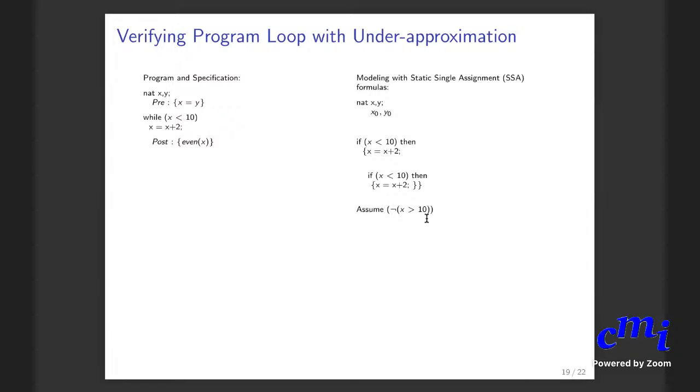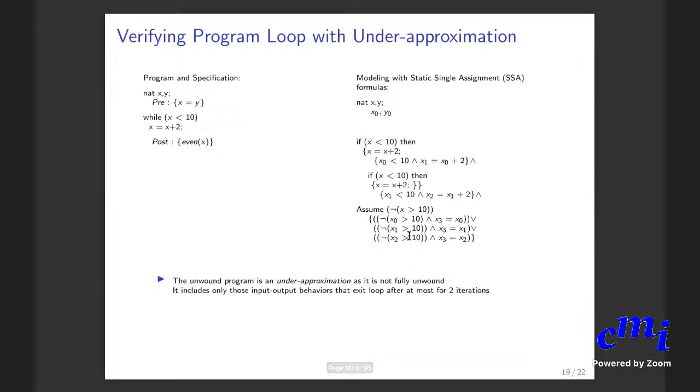The behavior of this program. Okay, so let me give the answer. If I use SSA to model this program, I will start with X naught, Y naught, and I will do exactly what I did for the partially unwound straight line program.